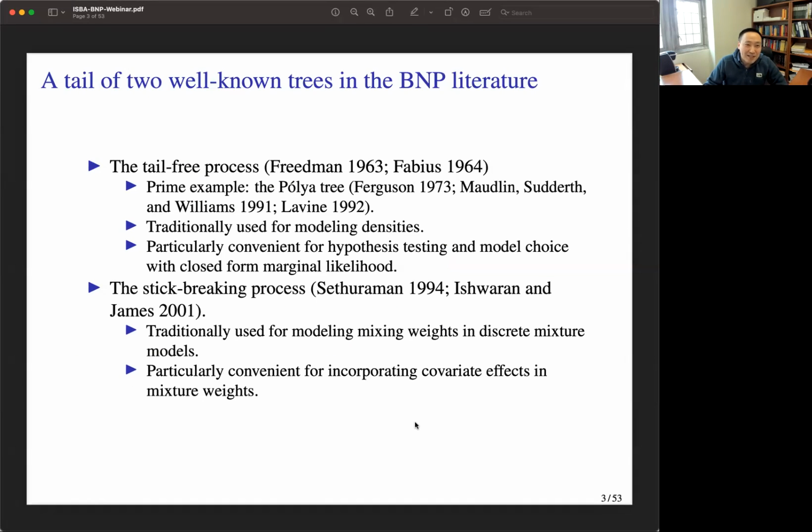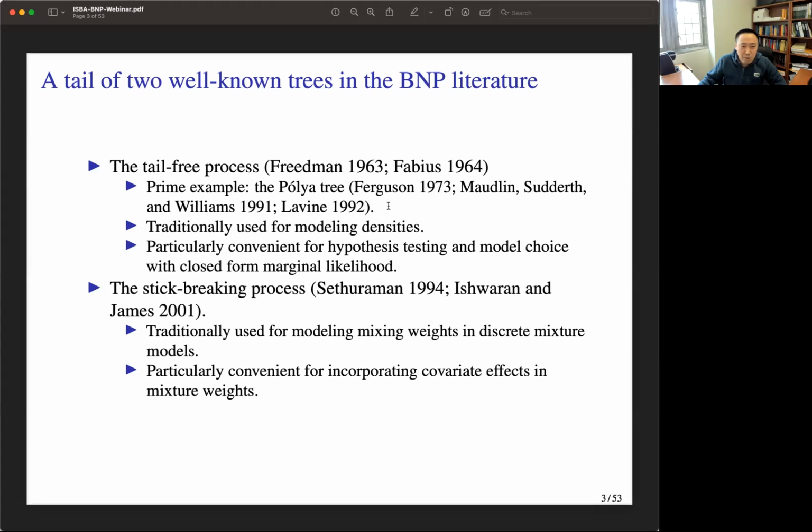So what are the two trees? I'm going to start my talk with the general BNP literature, where there are two very well-known types of models. The first type is the so-called tail-free process, and one of the most famous examples is the Polya tree, which was first introduced by Ferguson, but really made popular by some later papers in the 1990s.